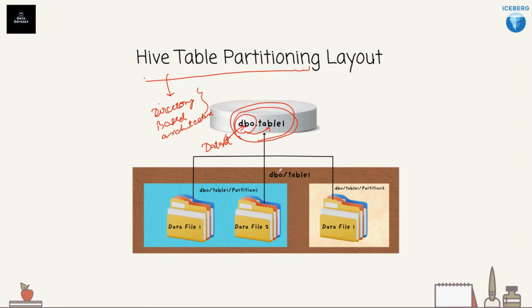But below you can see we have table1 within the folder dbo. That means first of all, we start with the schema, and within the schema folder, we have the table1 folder. And within table1, we have two parts to it. We have the partition1 folder, and then we have the partition2 folder. Within the partition1 folder, we have data file 1 and data file 2. And within the partition2 folder, we have data file 1.